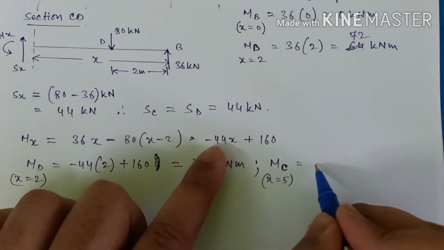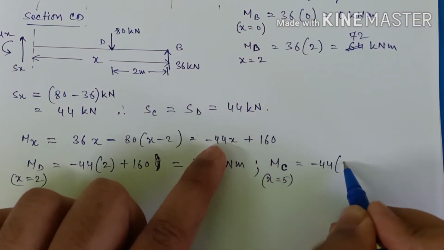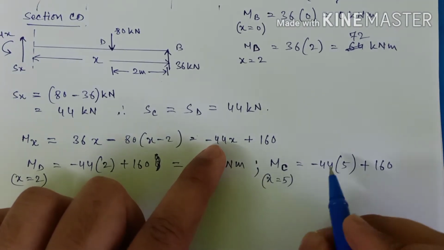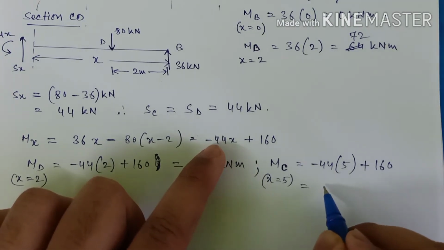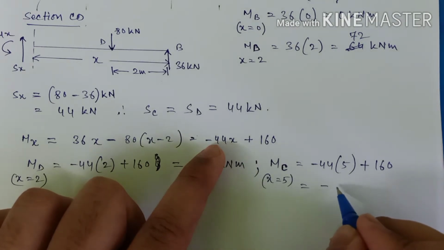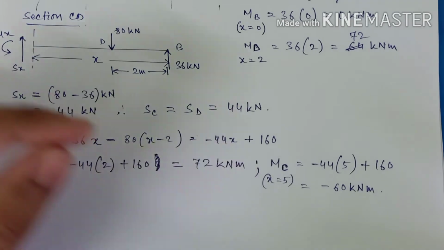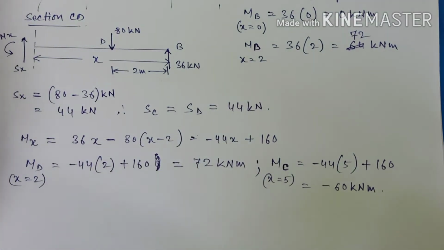So here you put minus 44 multiplied with 5 plus 160. So it will give you a value of minus 60 kilonewton meter. Okay, so the calculation of shear forces and bending moment is done for section CD.